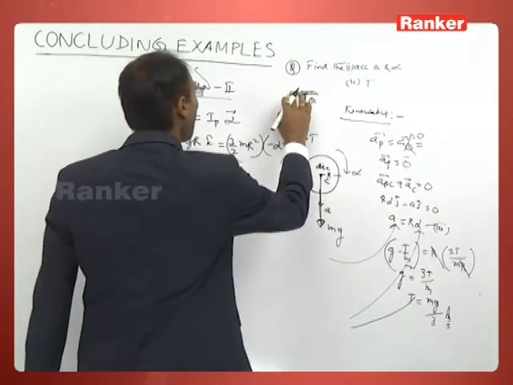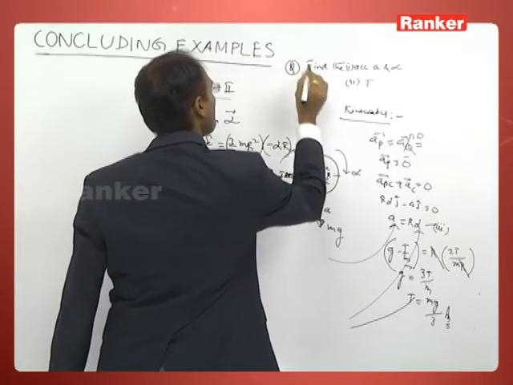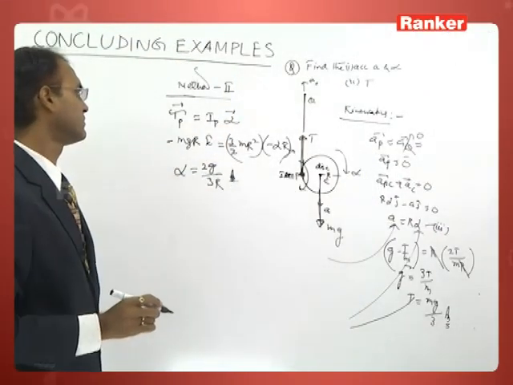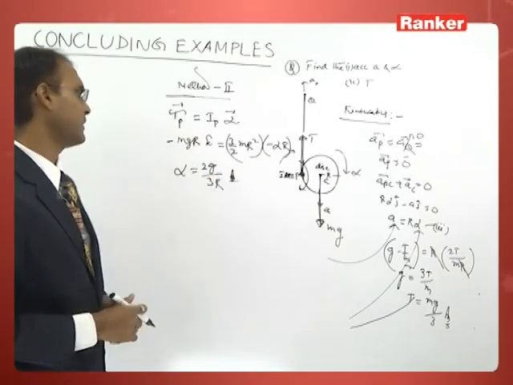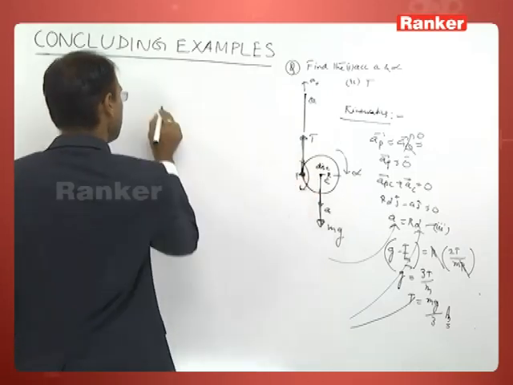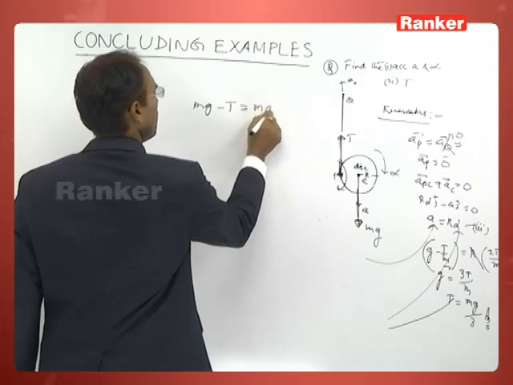In this problem, if this point accelerates up, what will be the changes? Let us write. Following the first method, you write mg minus T is equal to m into a.